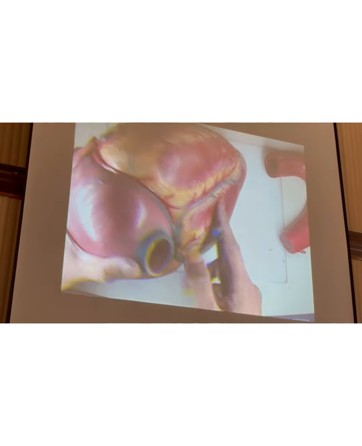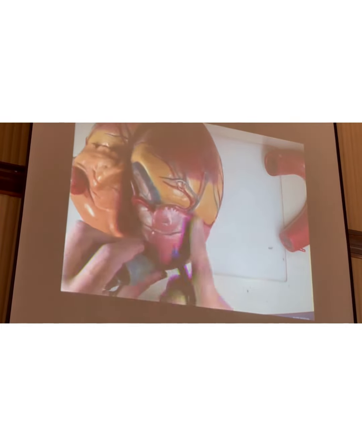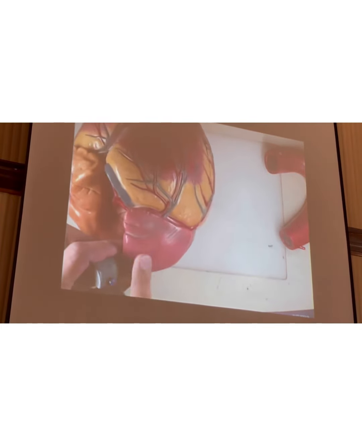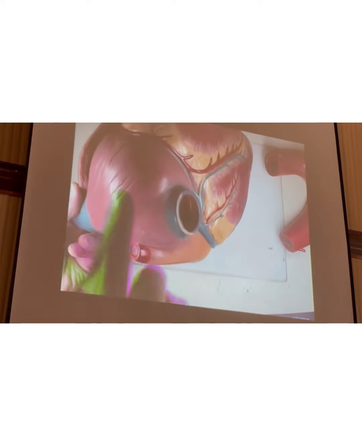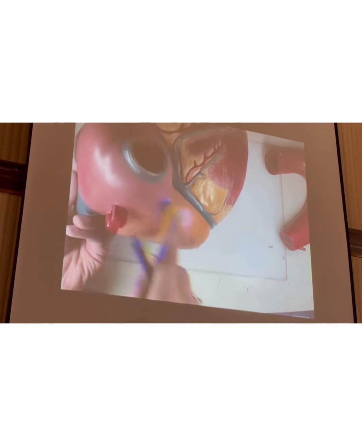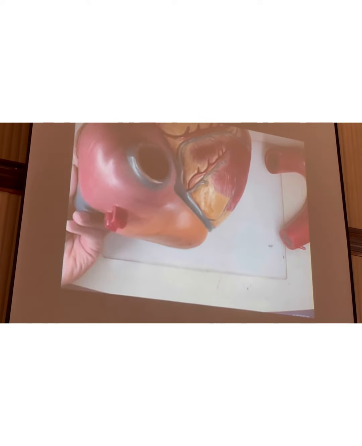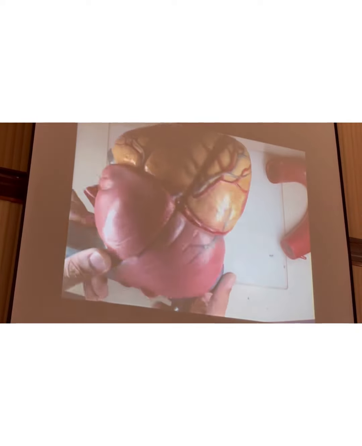The right coronary artery also gives an atrial branch, to the anterior and lateral part, and also here it gives a posterior atrial branch, which supplies the posterior surface of the right atrium and also the left atrium. It also supplies the SA node, the sinoatrial node, which is part of the conducting system.